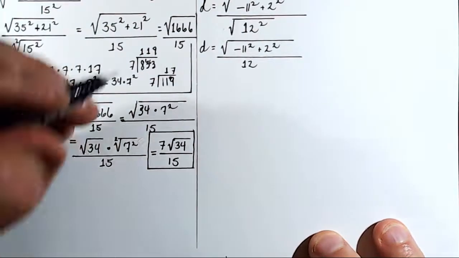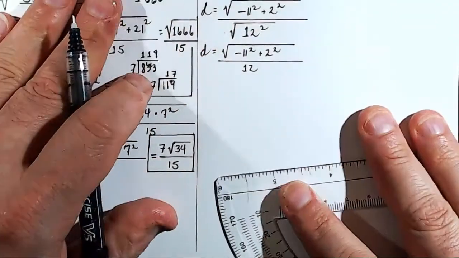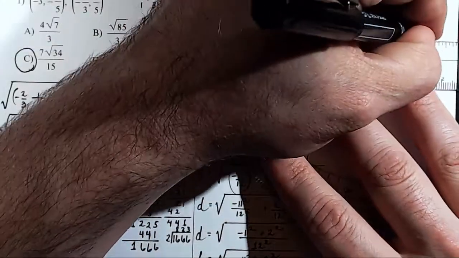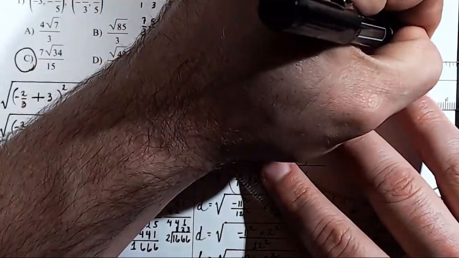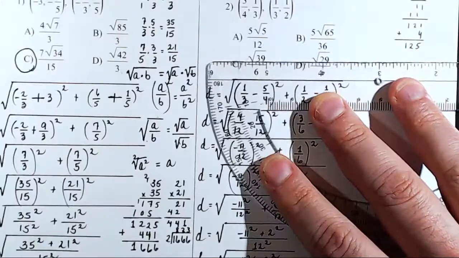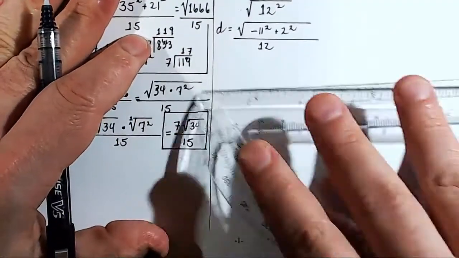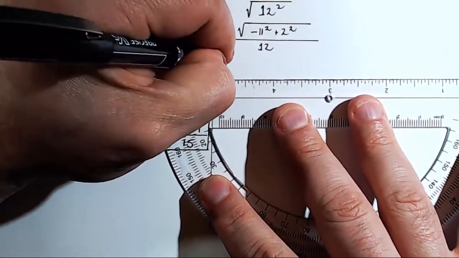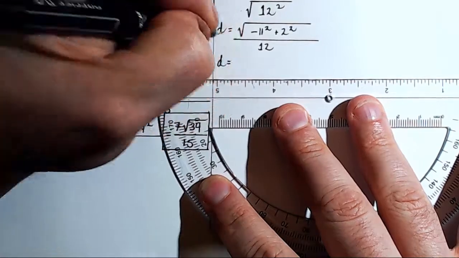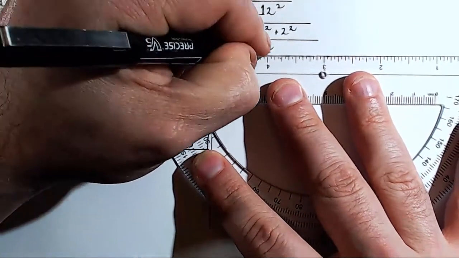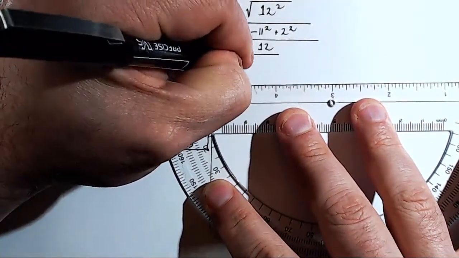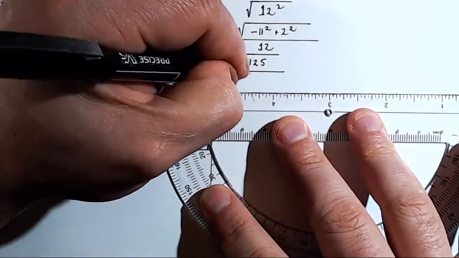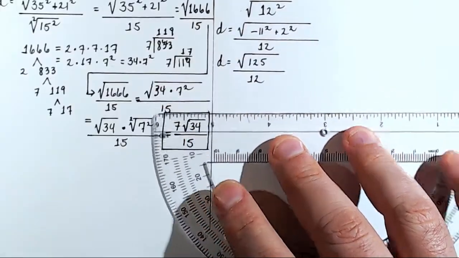And 2 squared is 4. So go up here and say, what's 121 plus 4? And that's 125. All right? So now we can rewrite this. D equals the square root of 125 over 12.